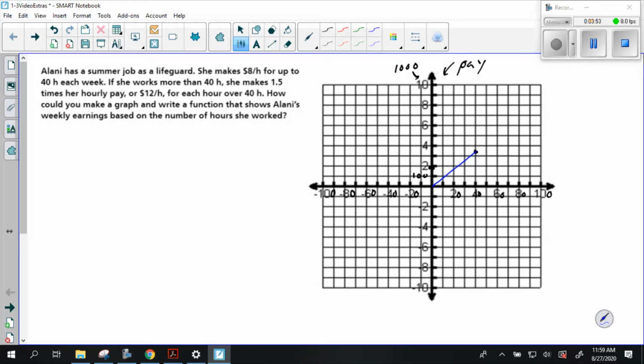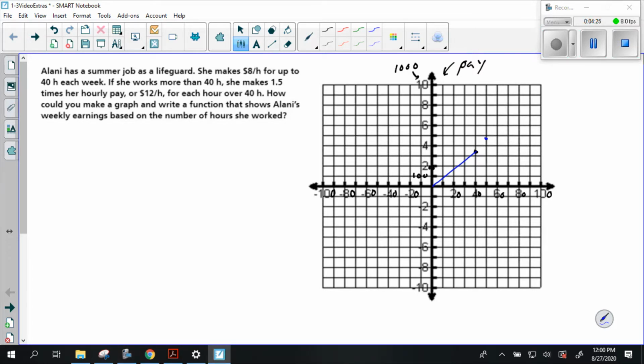So that's $12 an hour. So her pay is going to increase at that point much more quickly. For instance, once she's worked 50 hours, she's going to be at $440. And what I have to do is add the 320 plus the 10 times the 12.